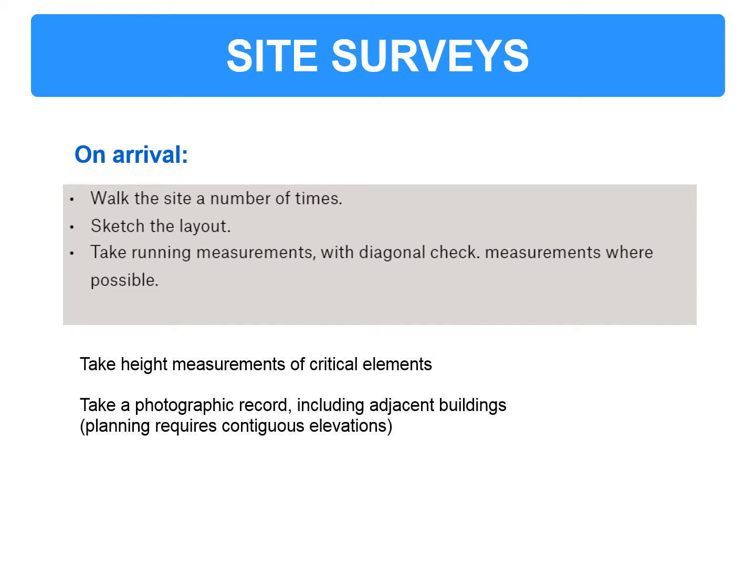Take height measurements of critical elements, so height measurements of any existing trees, height measurements of existing buildings, any height measurements you can take, particularly of buildings adjacent to the site. And take a photographic record, including those adjacent buildings. When you're going for planning permission, you need to show elevations and the heights of the buildings adjacent to your site.